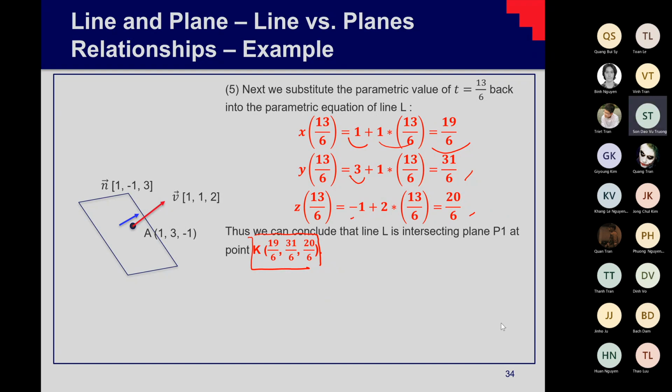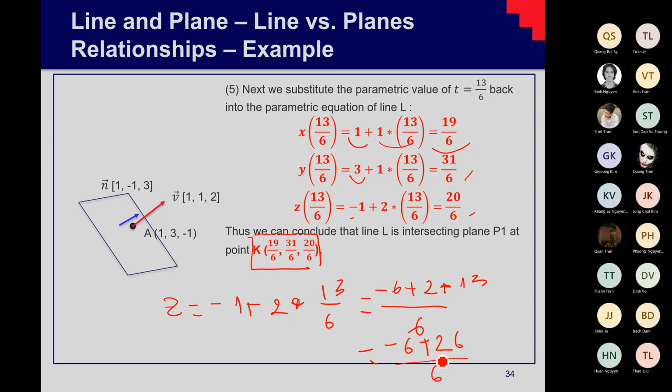Okay, let me. Here, so z equals -1 plus 2 times 13 over 6. So this means -6 plus 2 times 13, and this is -6 plus 26 divided by 6, and that is 20 over 6.